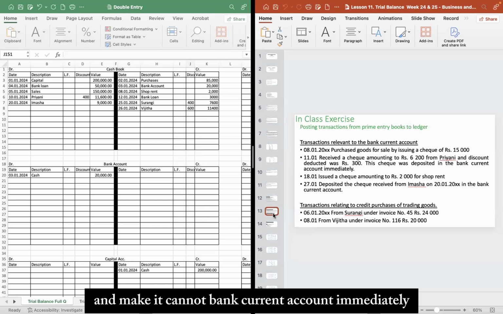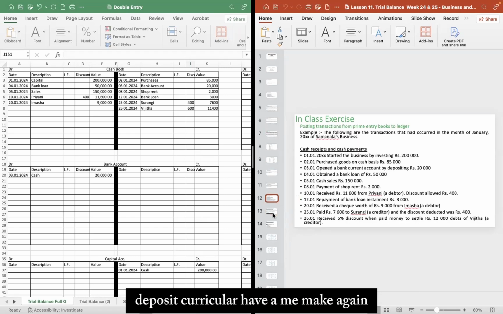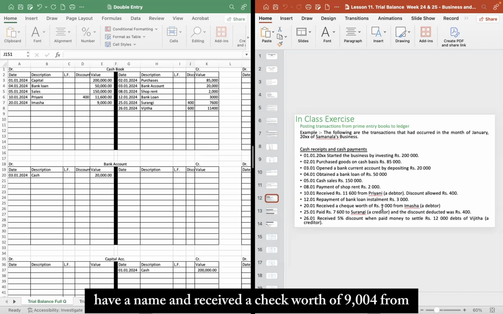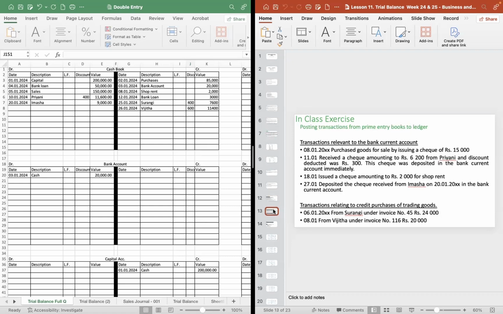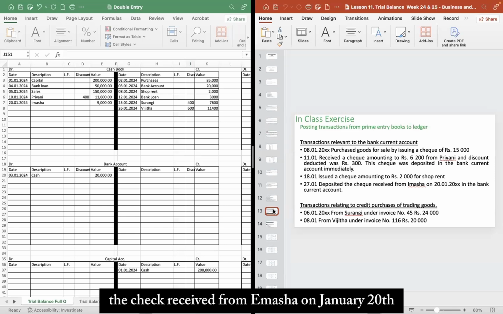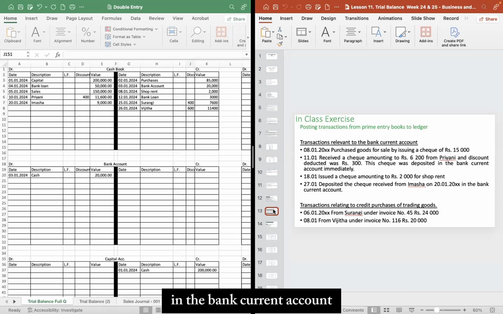And it says here that the check was deposited in the bank current account immediately. But this one is not like that. Received a check worth 9,000 from Imasha. So that is why we put that into cash, right? Then on 18th Jan issued a check amounting 2,000 for shop rent. Then on 27th, deposited the check received from Imasha on January 20th in the bank current account.